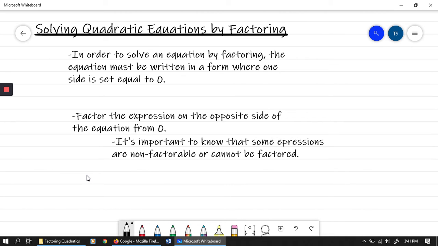What the zero product property pretty much states is that when you have two or more factors that are equal to 0, either one or all of those factors must be equal to 0. So in other words, if you have two or more factors set equal to 0, at least one or possibly all of those factors are actually equal to 0.